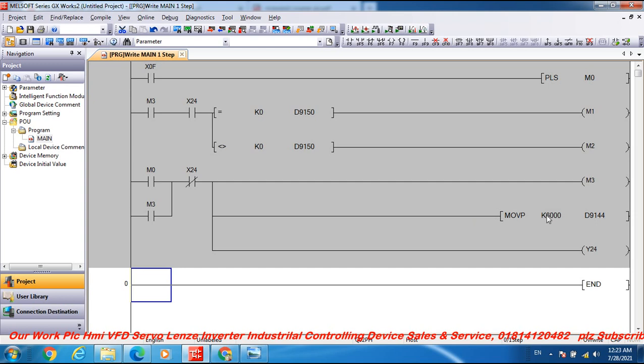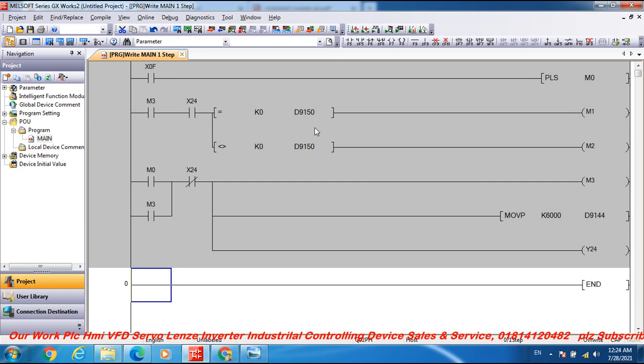It is the K6000, means 16 hertz frequency, D9144 the running frequency RAM.